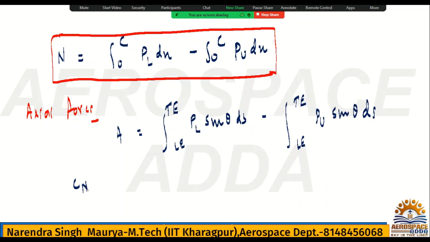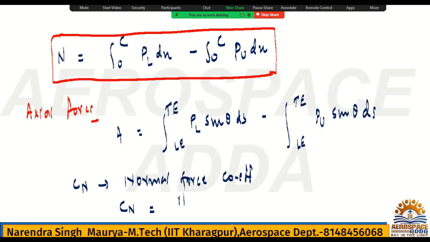Cn is the normal force coefficient. How to get it? Cn is equal to what? N force divided by dynamic pressure Q into S. Yes or no?